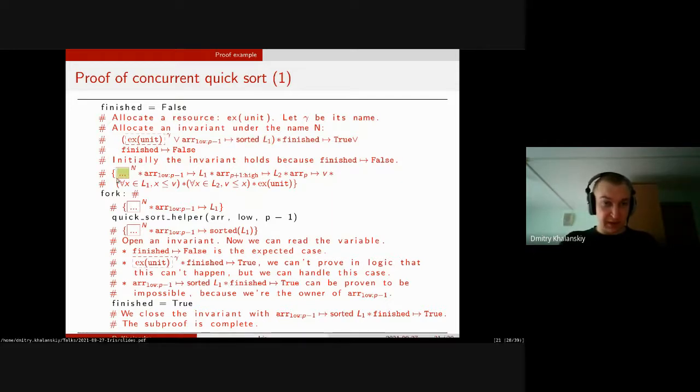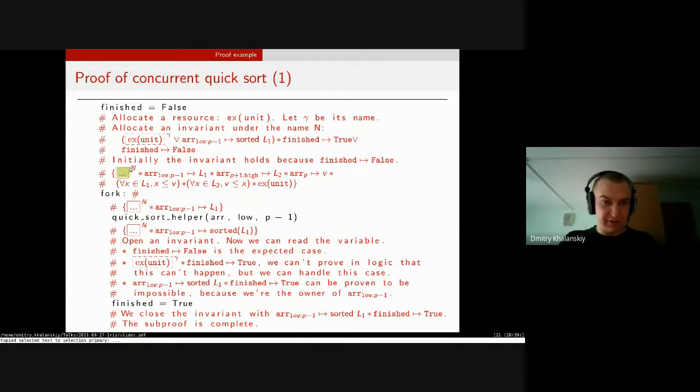Here I used an ellipsis to denote the value of the invariant. Everywhere where you see an ellipsis, you should understand it to mean this.